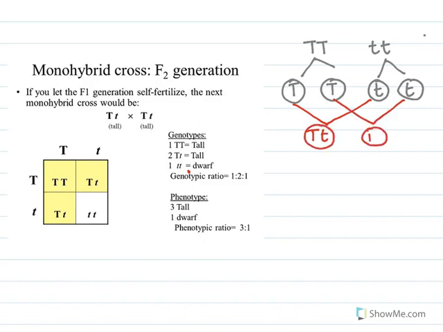Then this with this, tall. Now we have to do this with this. Oh no, with this now. We got tall. And then we have this with this. So 4 possibilities. This was the F1 generation.